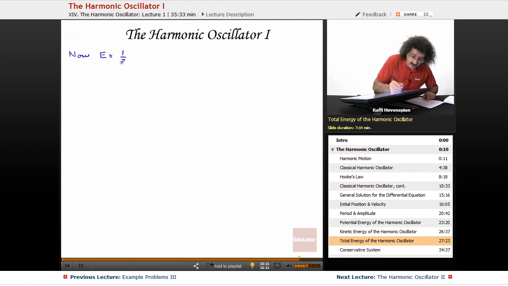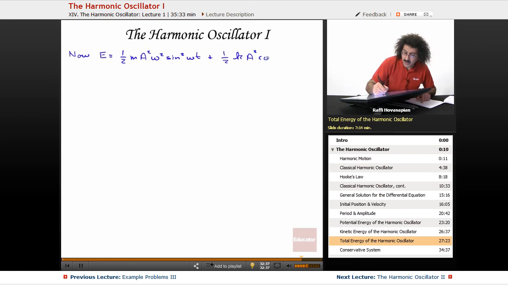Sorry about that. So we've got 1/2 mass A squared omega squared sine squared omega t plus 1/2 K A squared cosine squared omega t. So kinetic energy plus potential energy. Now recall that omega is equal to K over m to the 1/2.